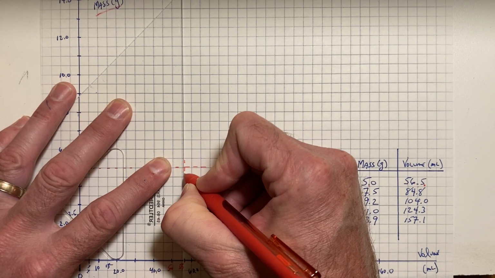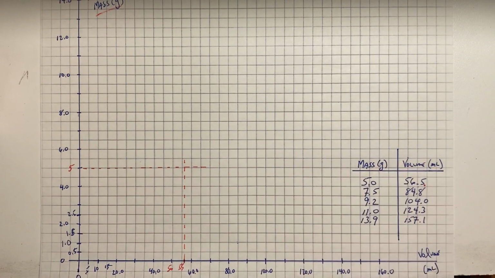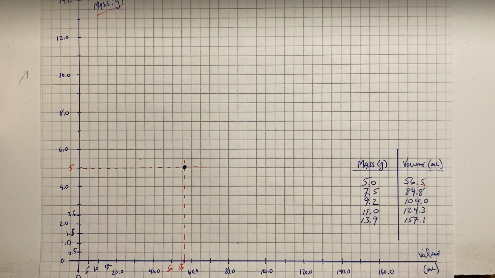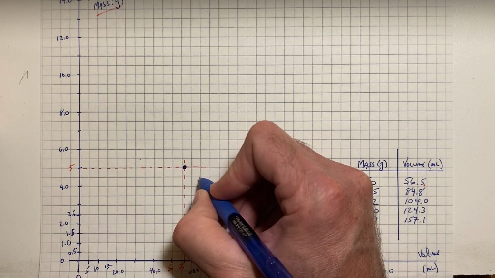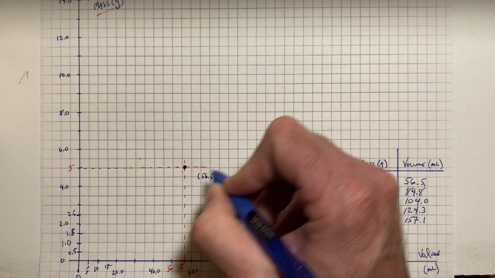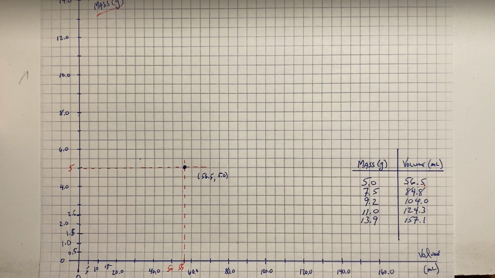I'm going to draw another dotted line, only this time going vertically. And wherever these 2 lines intersect, that's going to be my data point right there. In a math class, we would call that 56.5, 5.0. In a chem class, we're not so interested in what the name of that point is. We just want the point itself.